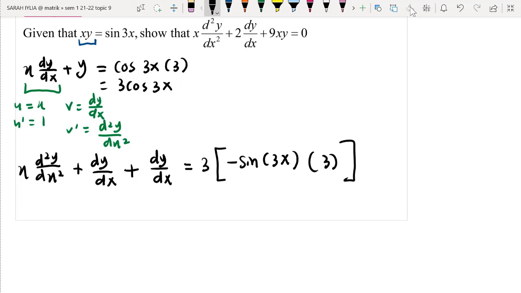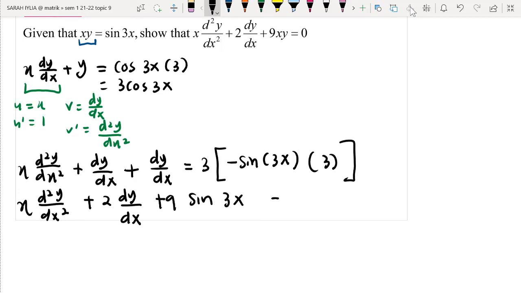So saya bring everything to our left side. So we have x d squared y over dx squared. Dy dx plus dy dx, we get 2 dy dx. And then yang ni kita akan dapat minus 9. So bring to the right side, we get plus 9 sin 3x equal to 0.